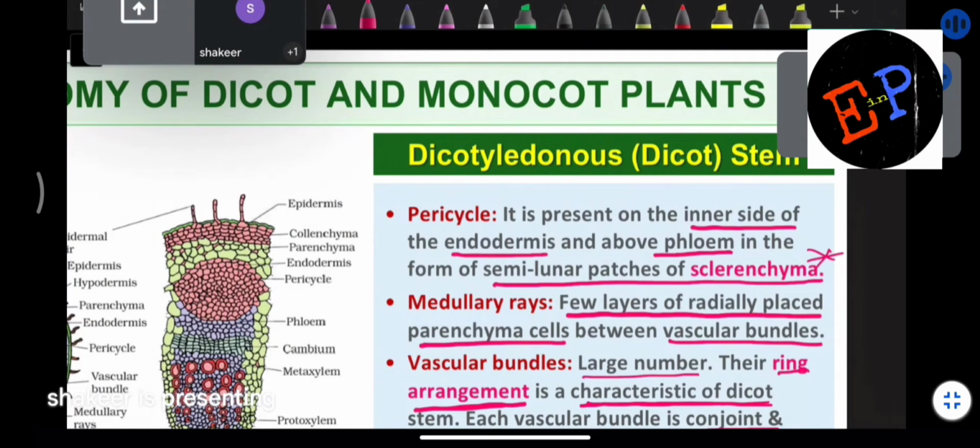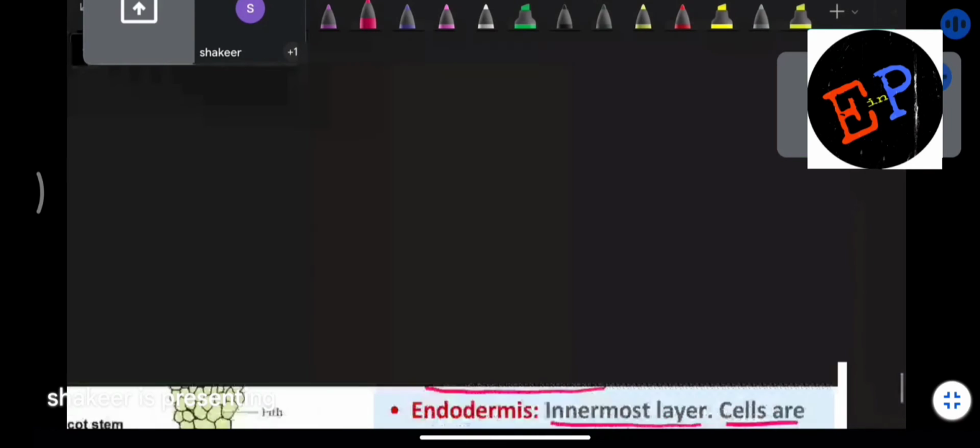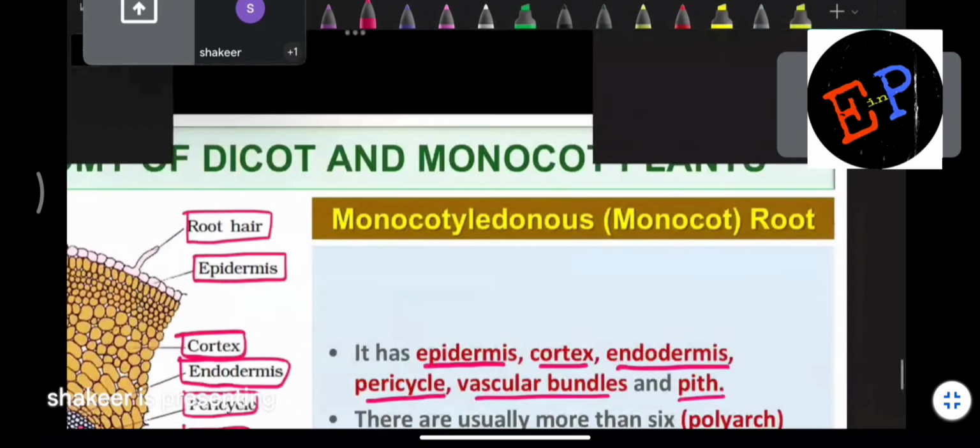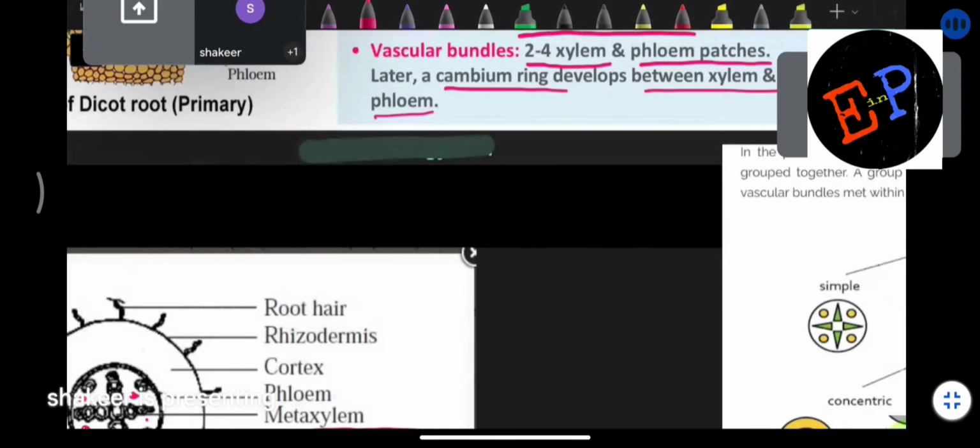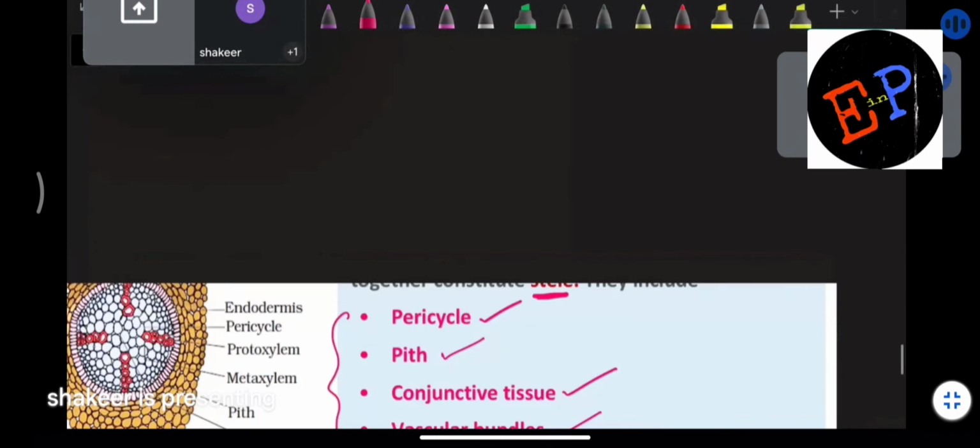So protoxylem is enlarged. This type of arrangement we have also studied: the arrangement of xylem, endarch and exarch. What is meant by endarch and exarch? Metaxylem, if it is present towards the pith, then it is called endarch. Let us see this.